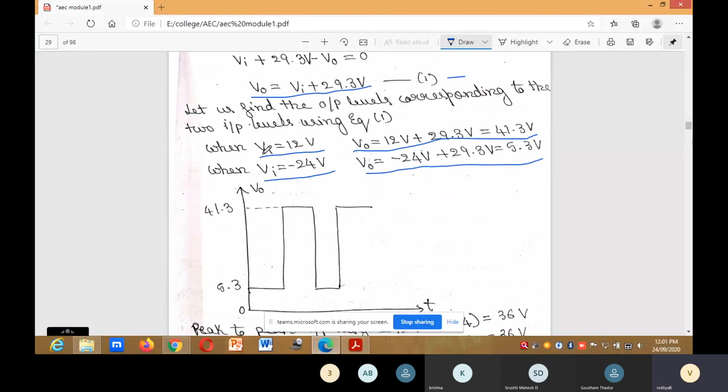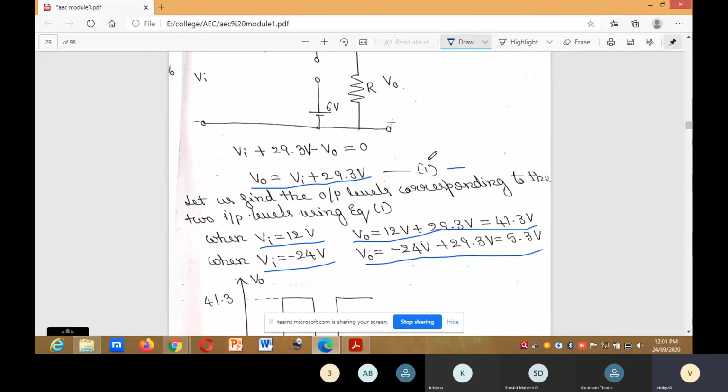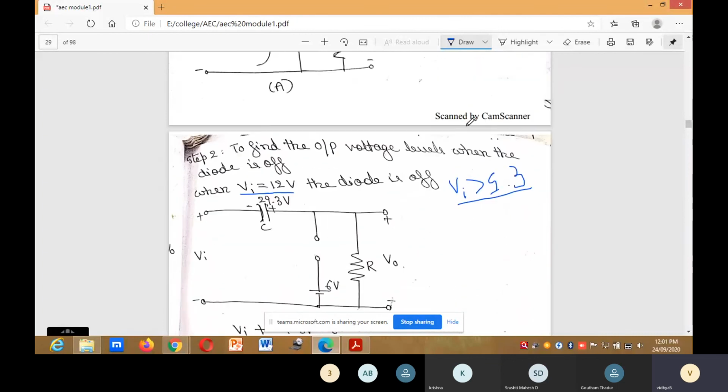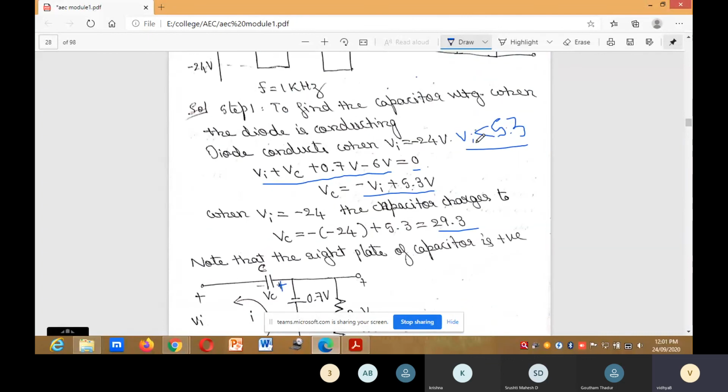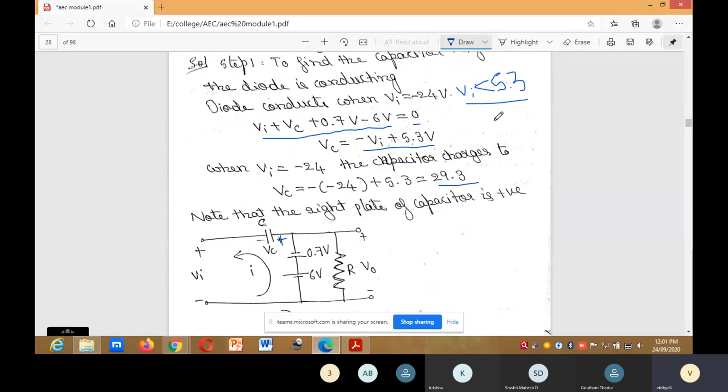According to that, you need to remember the condition Vi less than 5.3. When Vi is less than 5.3, the output voltage is equal to 5.3.